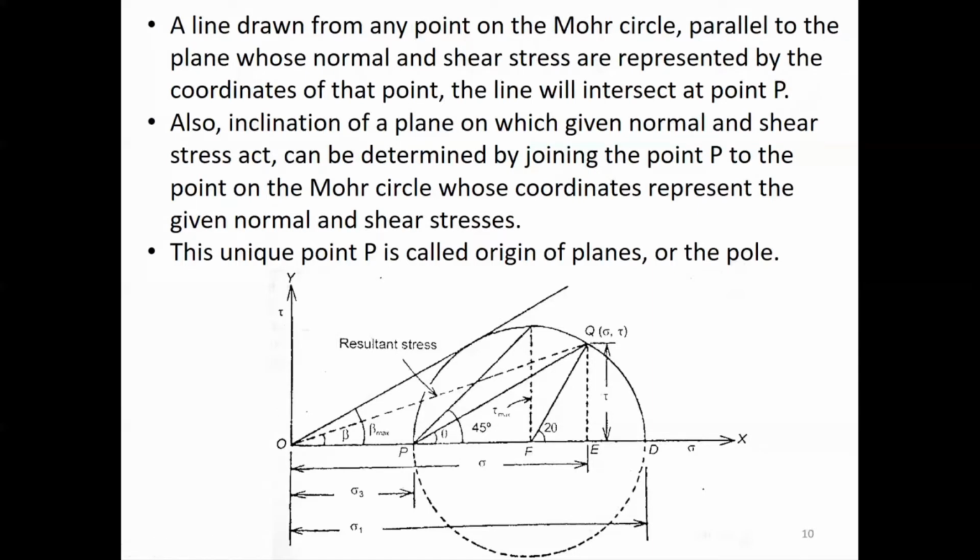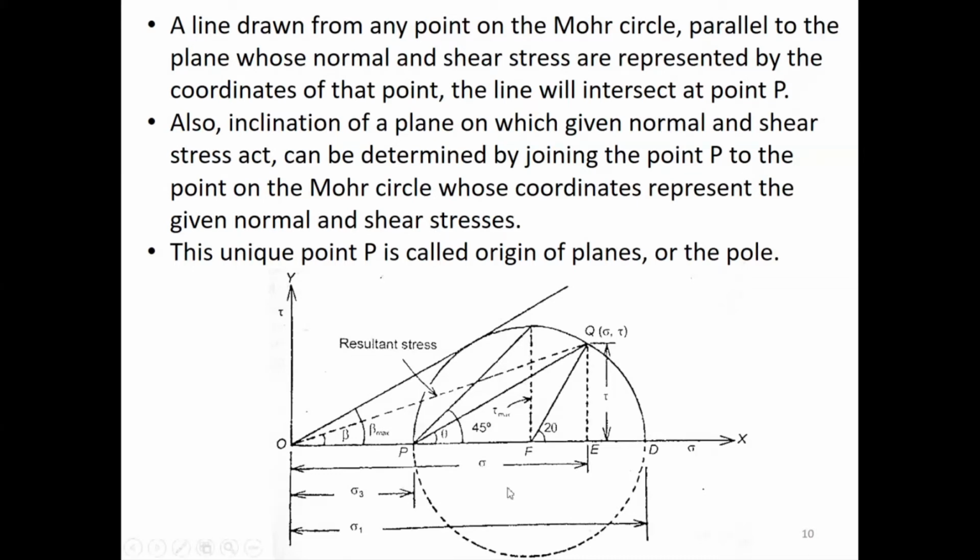The major principal plane need not always be along the x-axis, correct? The major principal stresses within a soil element can act in any plane. The plane can be inclined. It need not be along the x-axis. So keep this in mind.